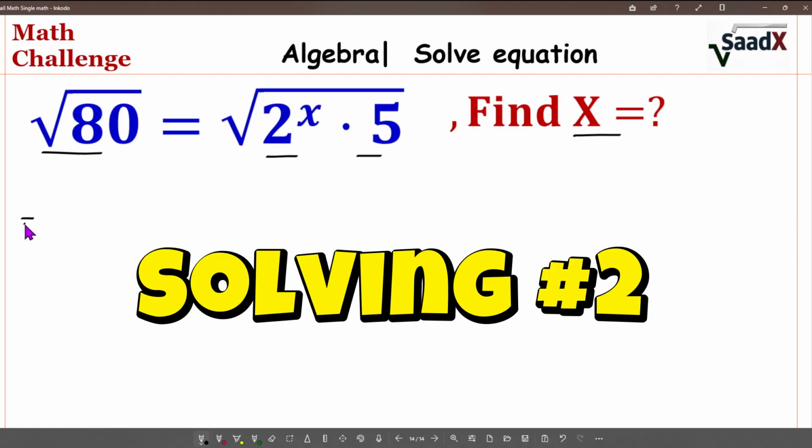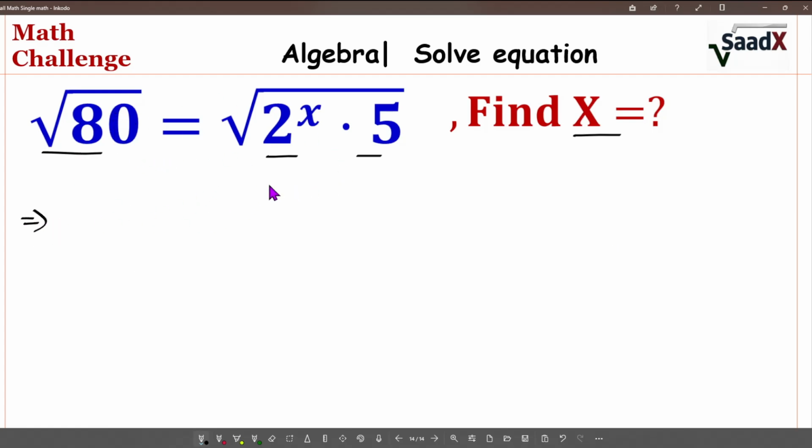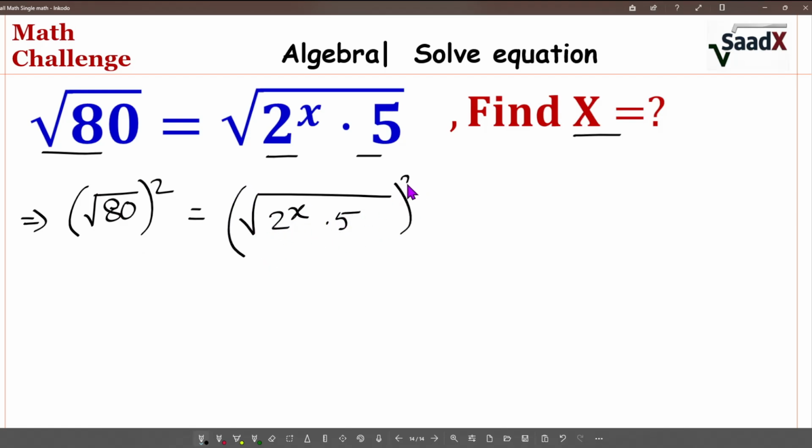Now the second one. Very simple: we can square both sides. So root 80 squared equals root of 2 to the power x times 5, squared. We can write a sub-note: squaring both sides.